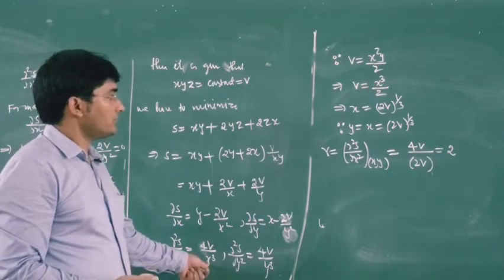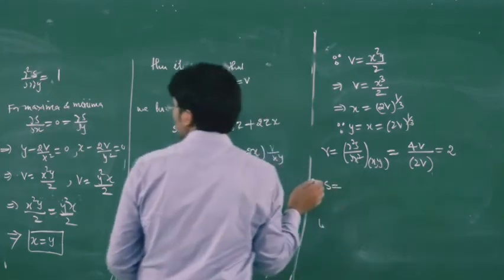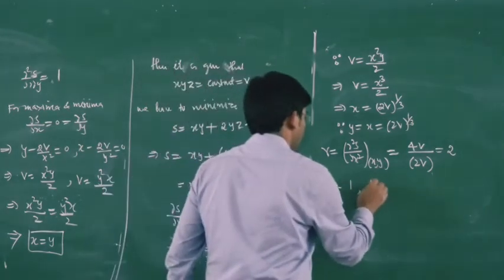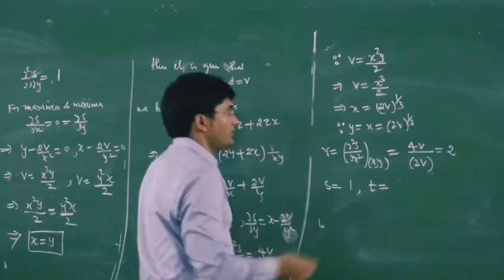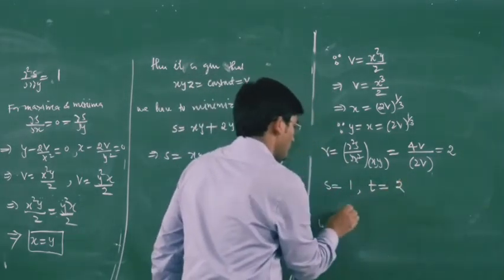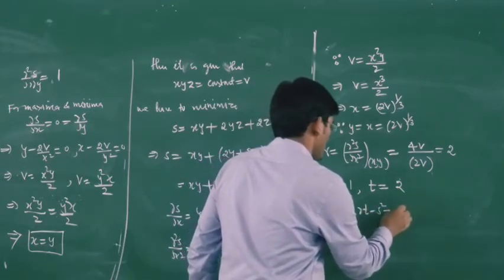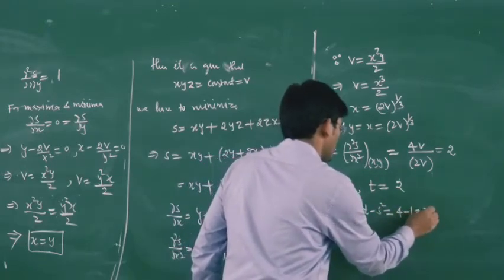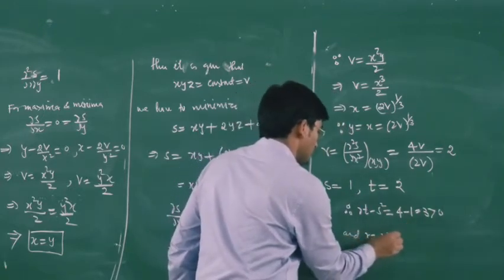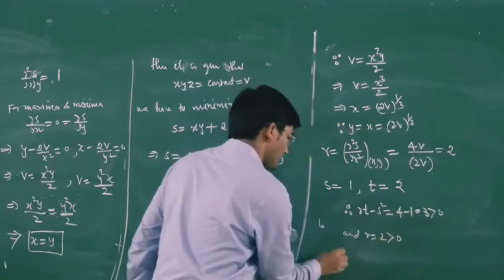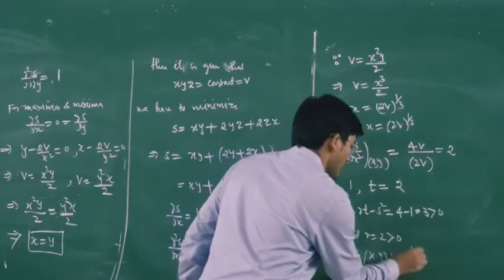So we have this one as 2. Your s is equal to 1 and t is equal to 4b upon y cube, and this is again 2. So therefore rt minus s square is equal to 4 minus 1, so this is 3, which is positive, and r equal to 2, which is again positive. Therefore at x comma y we have minimum.